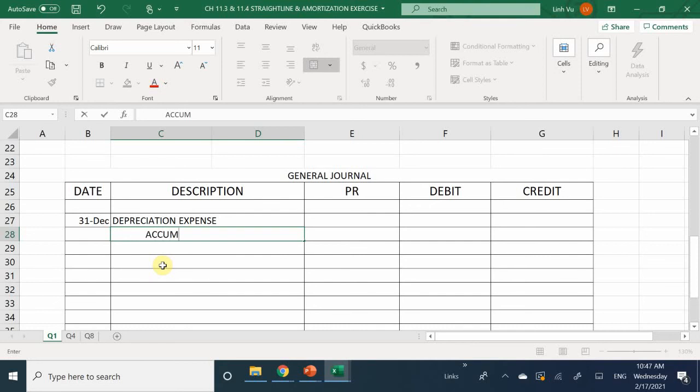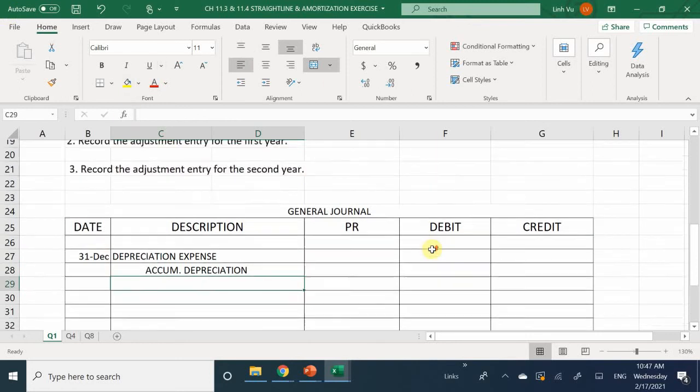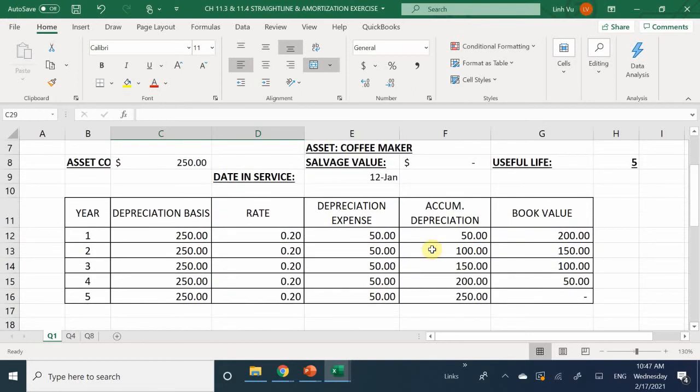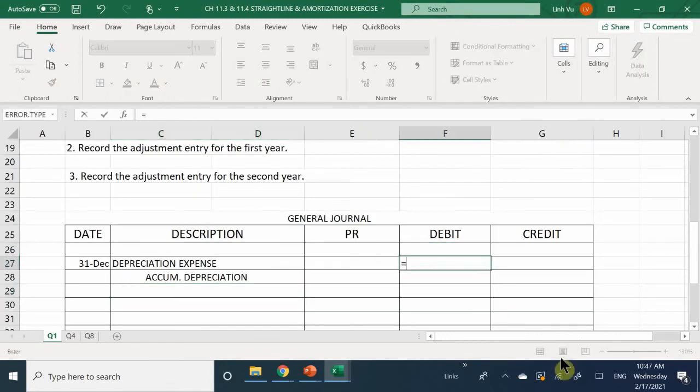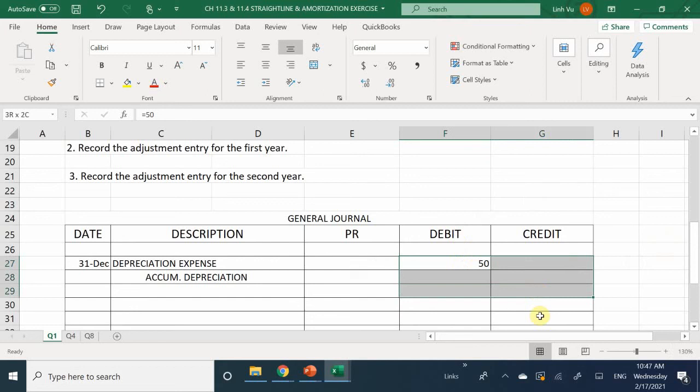Accumulated depreciation. Okay. So what is my depreciation expense for the first year? It's $50 for the first year. Okay. What about my second year? I'm sorry, what is the depreciation expense for the second year?